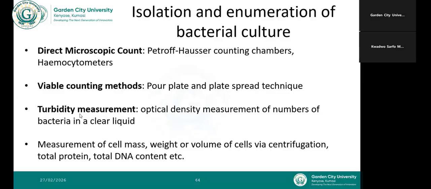Then turbidity measurement, this is for broth. So for liquid media or the broth, you can assess the growth by looking at the turbidity, the optical density of the medium.